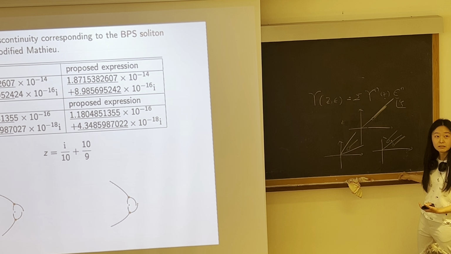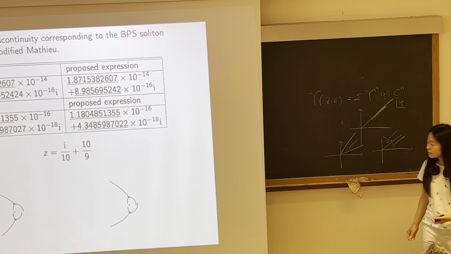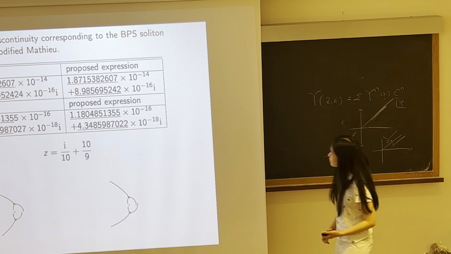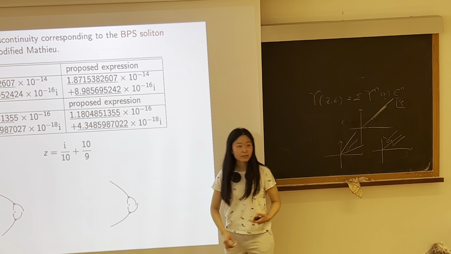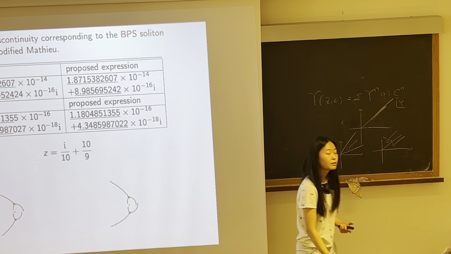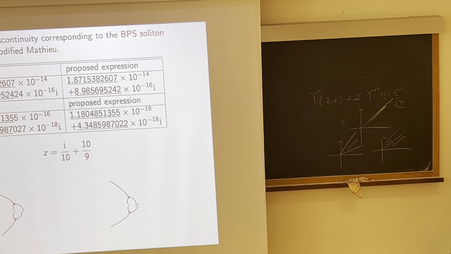So the picture on the right, isn't it just the Stokes connection for when you cross the Stokes line? Like in the Stokes plane, the picture on the right would be you keep fixed the Stokes graph and you move across the Stokes line. But isn't that the connection formula? It tells you how the wave function changes.